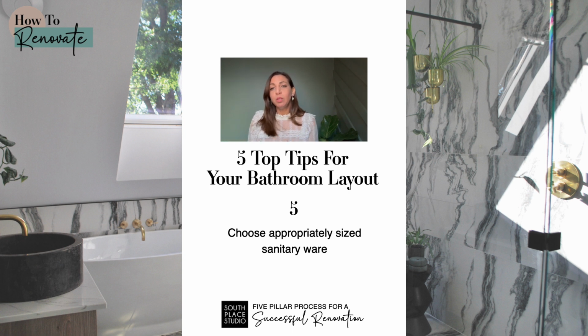But when you have a smaller bathroom and you're trying to squeeze a double vanity in there, and you still need to put in the shower, the bathtub, the toilet, it will seem cramped and badly designed. So keep in mind the scale of the room and the scale of the sanitary ware you're putting in there, because if the scale of the fixtures is wrong for the room, it will seem wrong and it will overwhelm the space. So just try and keep to the same scale as the room you're working with.